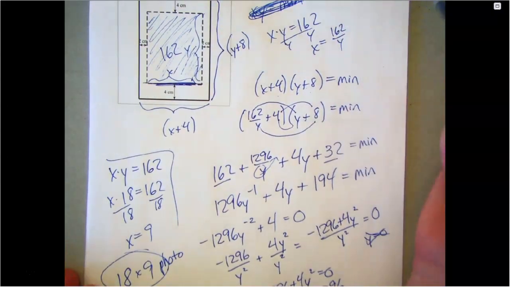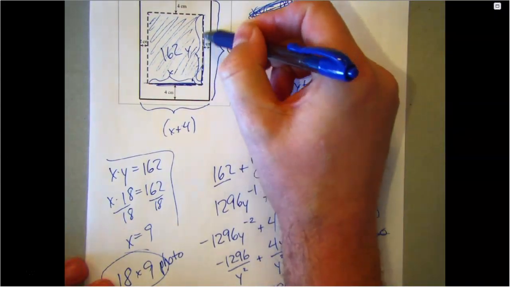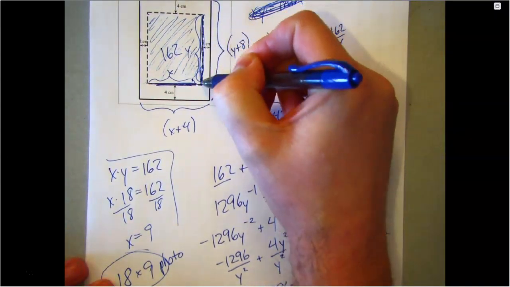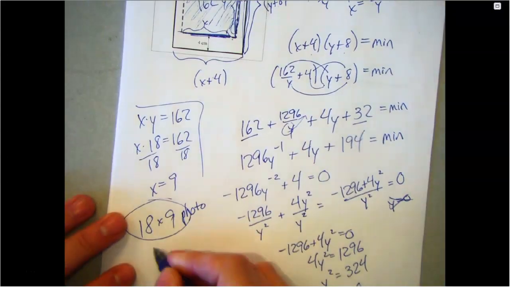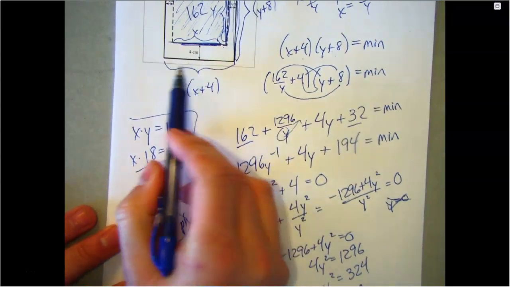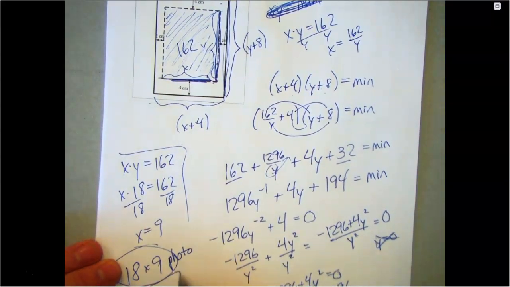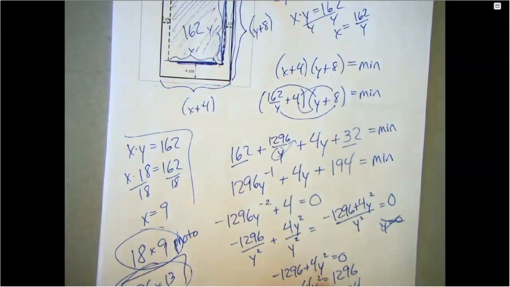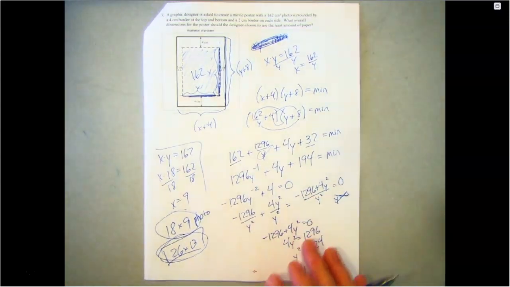Does that make sense? Do you see what's happening? This right here is 18, but they're asking for this. So you have to add the 4 and the 4. So it's 26. And then what's this one across? 13. 26 by 13. So that's the answer.